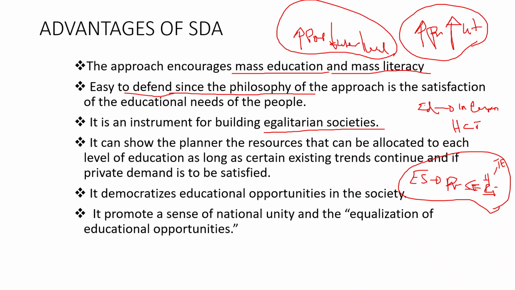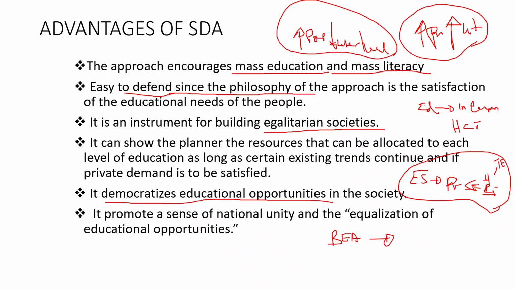Another advantage of the social demand approach is that it democratizes education opportunities in the society. It gives democracy to education opportunities because, for example, in Tanzania we are now talking about basic education for all up to Form 4.